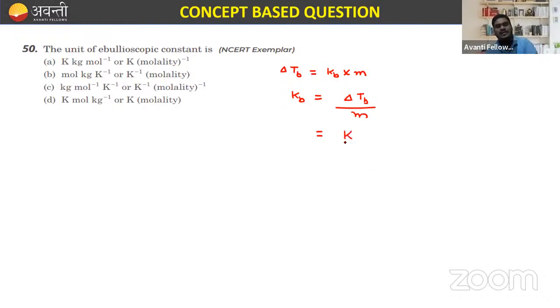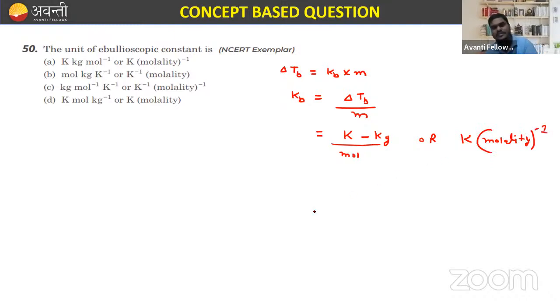Okay, and molality we express in mole per kg. So this is the formula for molality. We can also write this as K and molality inverse. Right? So both are correct.